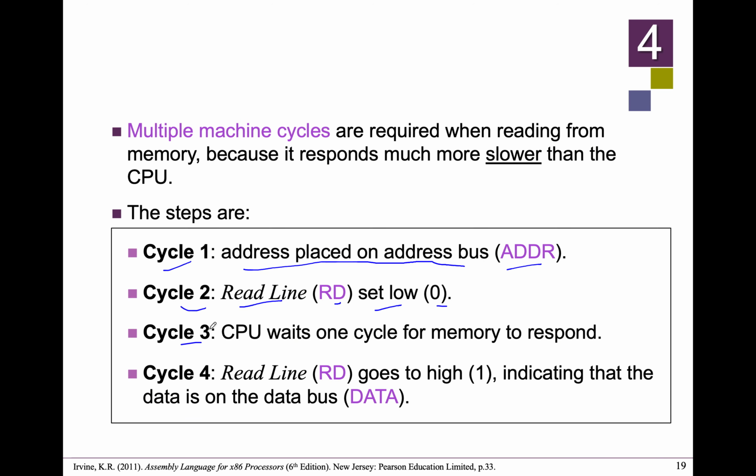And in cycle 3, the CPU waits for 1 cycle for memory to respond. And lastly, you have cycle 4, which is your RD going high.